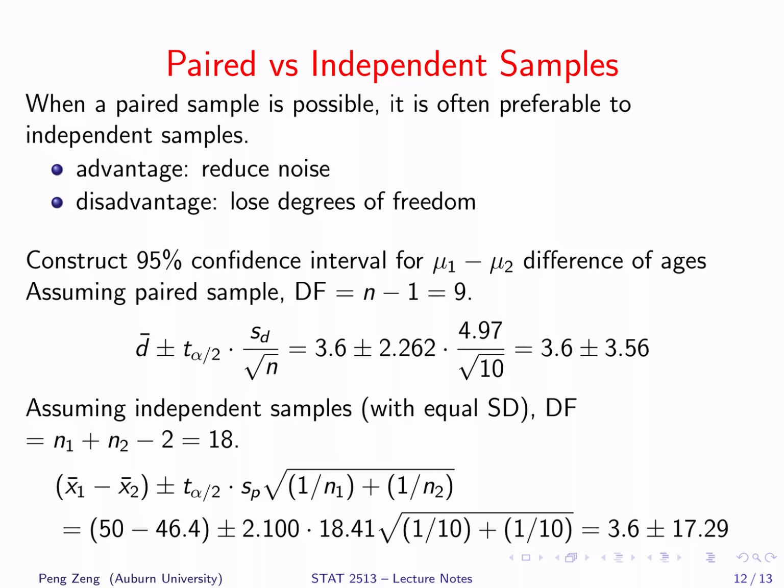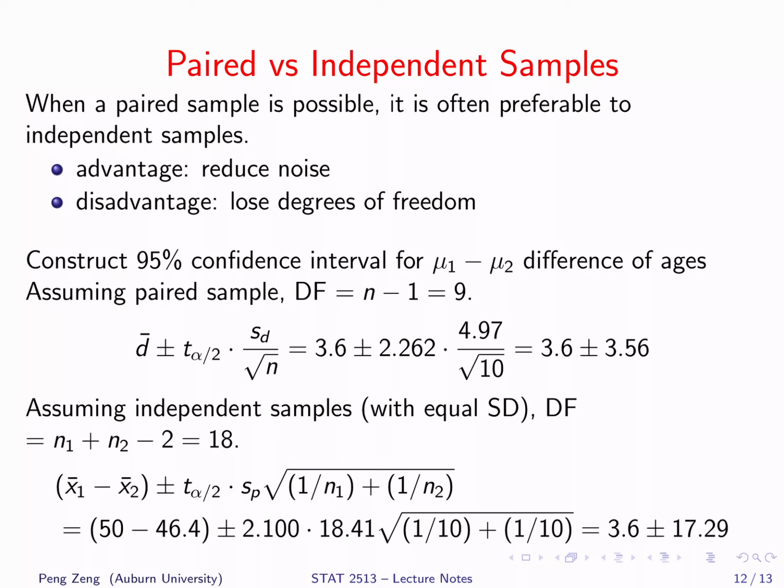For the difference of mean age of husband and wife, we have already calculated a 95% confidence interval in the previous slide. The margin of error is 3.56. If we did not recognize that it is a problem of paired samples, we can construct a 95% confidence interval for the difference of mean age by treating it as a problem of independent samples from two populations.